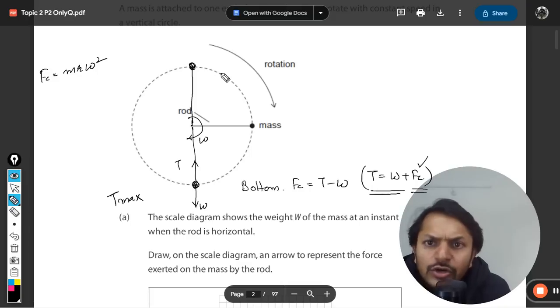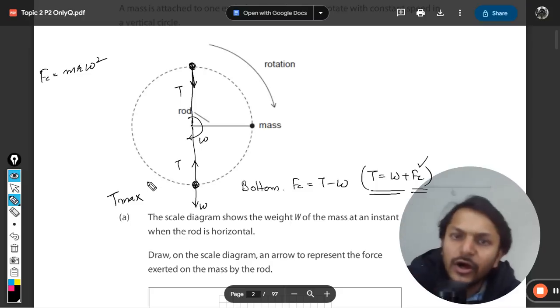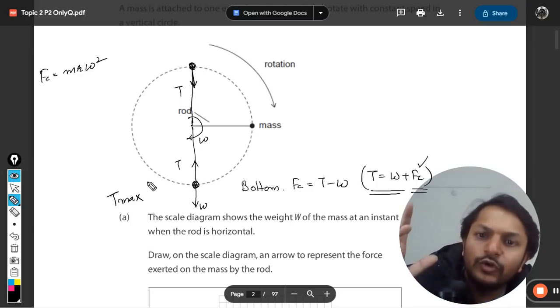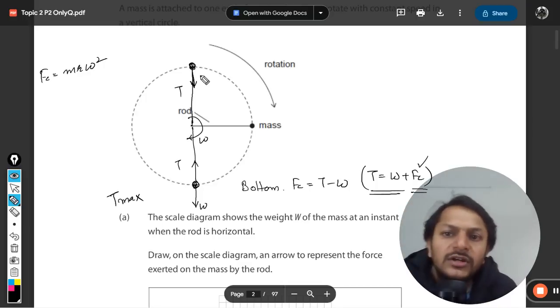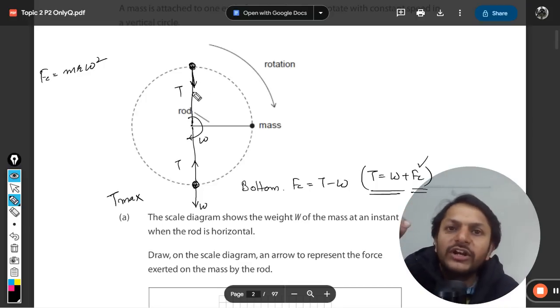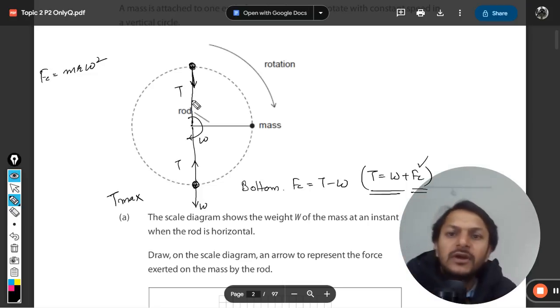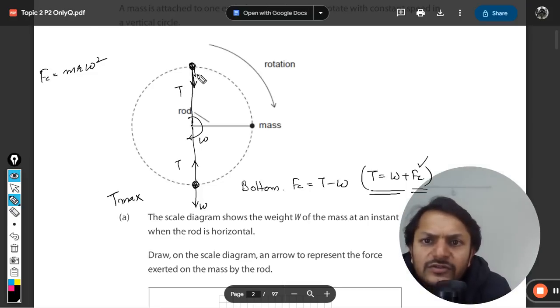Now, at the top, let us see. At the top, first of all, the tension will be downwards, or you can say that the force by the rod will be downwards. And because it does not want the body to detach, there is a force on the body by the rod downwards. Now the weight is also downwards.